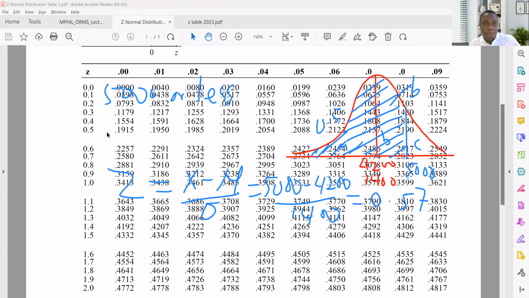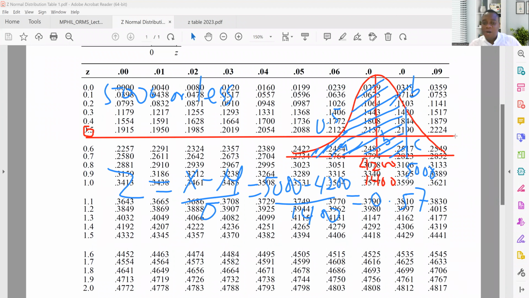So we reached the 0.5 on the Z part of the table. Yes, and then the other part is 0.07. Okay, so I'll stop at what number? This is the whole area. Yeah, I know you can't see. I thought you had your own table.